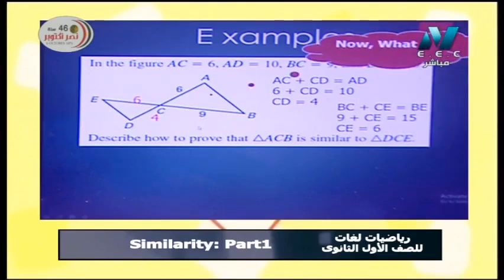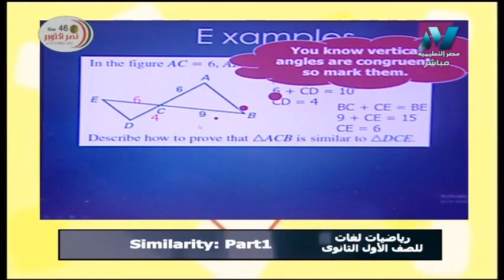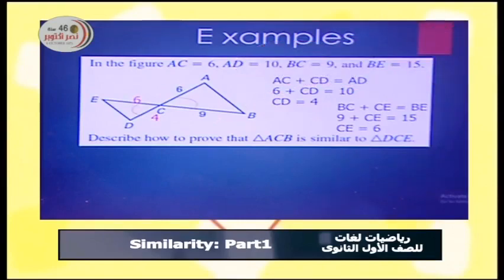And pay attention carefully to these 2 angles. Yes, you know vertical angles are congruent. Look at the angle ACB. It's congruent to the angle ECD because they are vertically opposite angles.